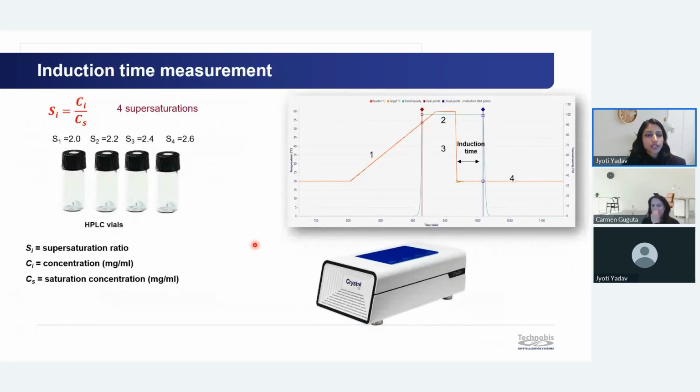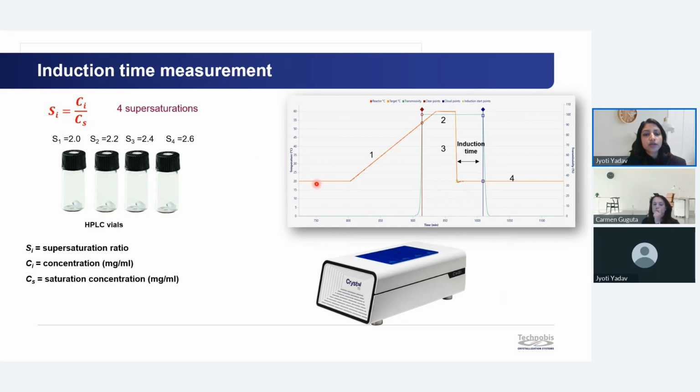Then to perform the experiments for induction time measurement, you prepare 4 samples with different supersaturation, which is calculated using this equation, where Ci is the concentration prepared by adding ascorbic acid in 1 ml solvent system, and Cs is the solubility at the temperature where we want to keep our samples constant.